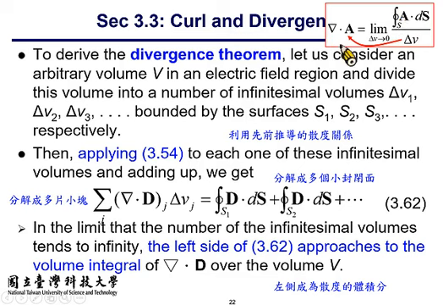Even though the equation here is only applicable to a specific point in the space, the divergence theory allows us to expand this relationship to a larger region, all right?